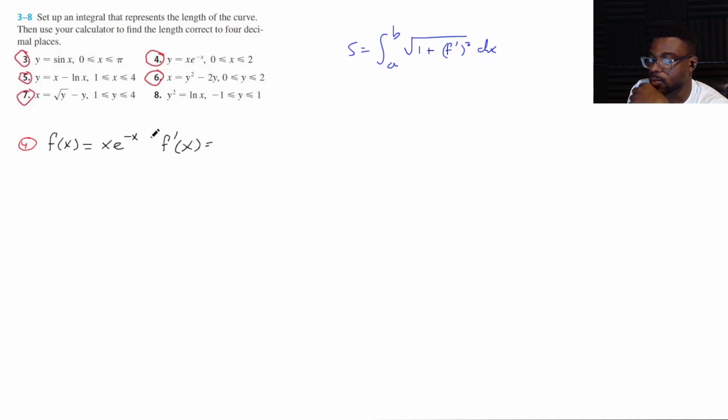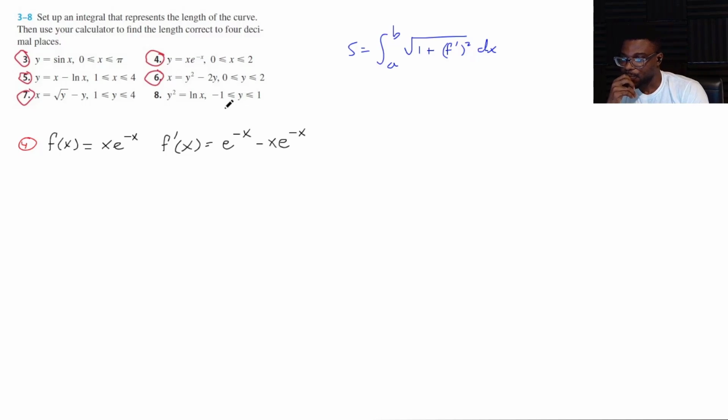We're taking the derivative of x times e to the negative x, which means we have to apply a product rule here, right? So we're going to have e to the power of negative x minus x times e to the power of negative x.